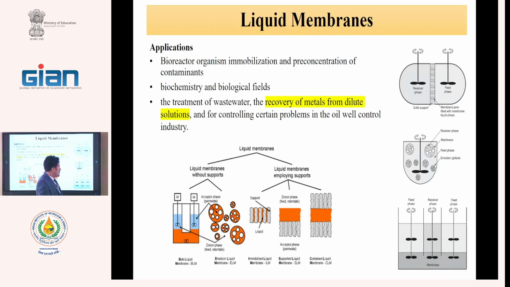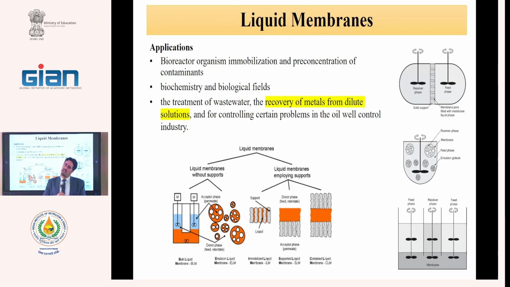This also shows the different cells of the liquid membranes. You see in this case that we have a U tube. In the bottom, we usually have water. This is the water phase, and this phase is the organic phase. Organic is usually on top of the water. And we have micelles, our acceptor phase.